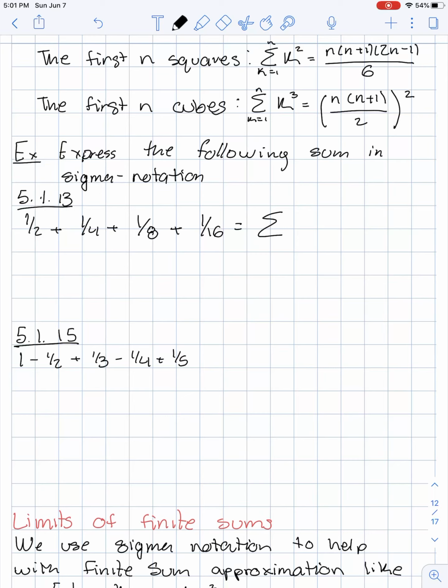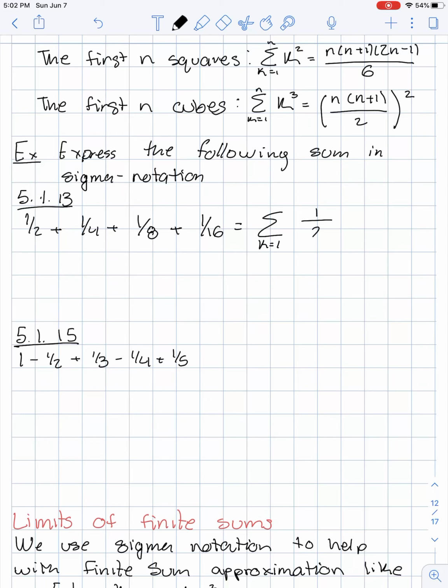So I have my sigma and I need to choose where I want to start. I want to start with k equals 1. The next one will do k equals 0. So then I know everything is 1 over something. So I'm going to have 1 divided by, I see the first one's 2, the next one's 1/4, 1/8, 1/16.